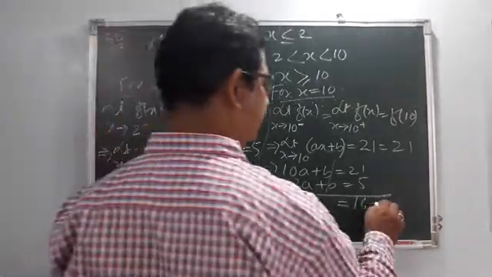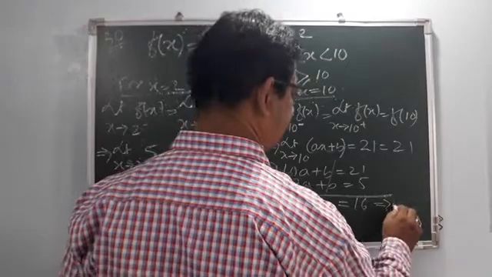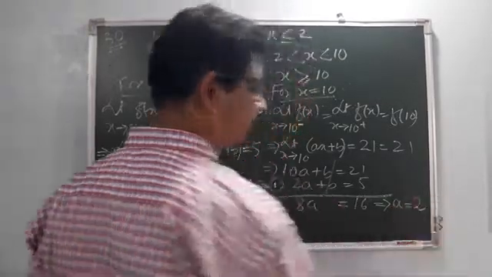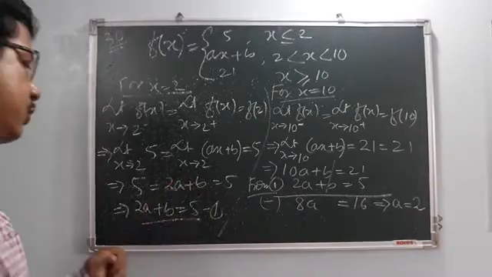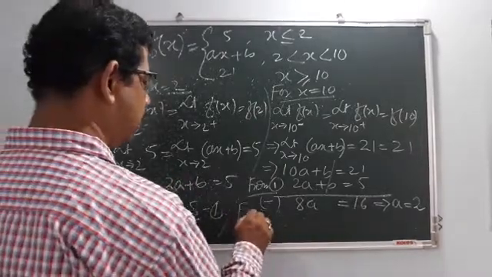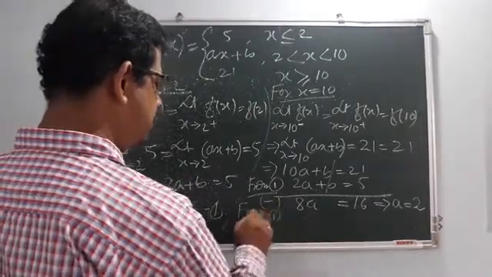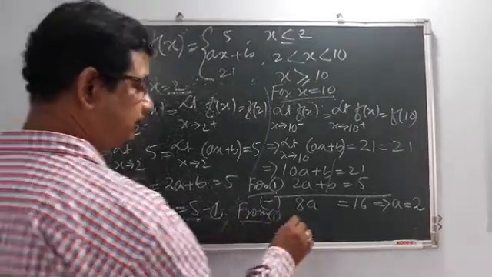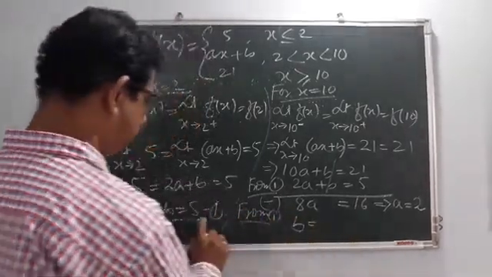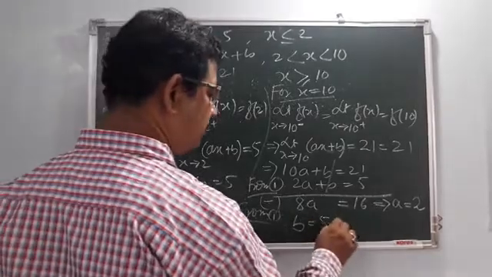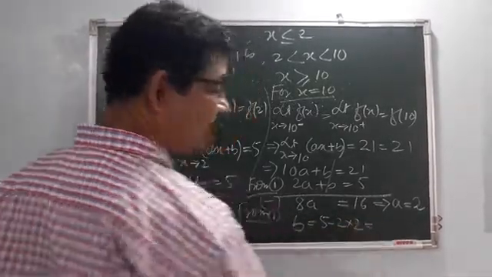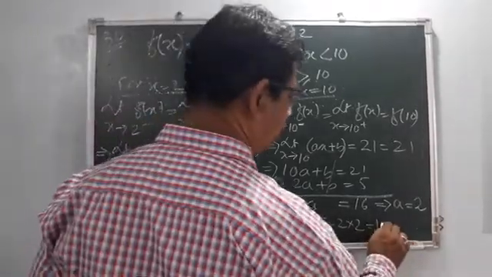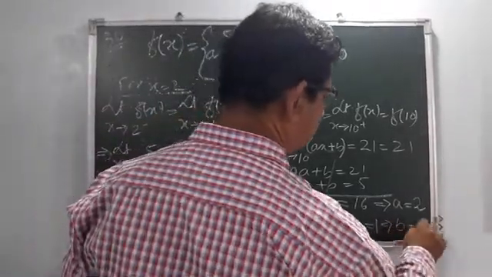So what is a? a is 16 by 8, so a is 2. Now using equation 1, b is 5 minus 2a. 5 minus 2 into 2, so 5 minus 4, that is 1. So we get b as 1.